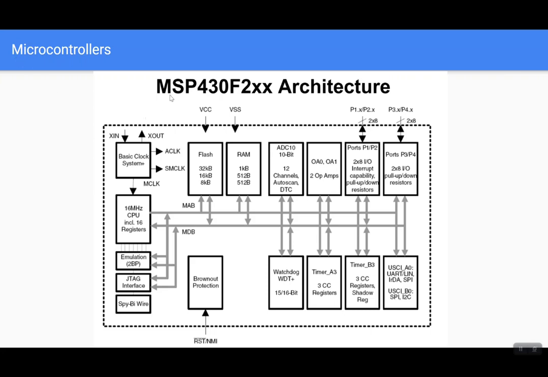This is a very well known microcontroller from Texas Instruments, in short TI MSP430. And as you can see, if you download their data sheet, this is one of the block diagrams you will see in that particular data sheet. So you can simply Google the MSP430 data sheet, and when you open up that PDF file, you will see this as one of the block diagrams.